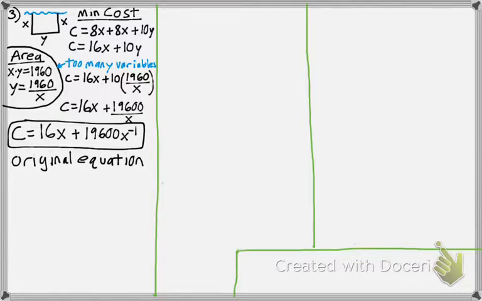So I do want to take the derivative. C prime is equal to 16 minus 19,600 x to the negative 2. And then I want to set this equal to 0 to find the critical numbers.